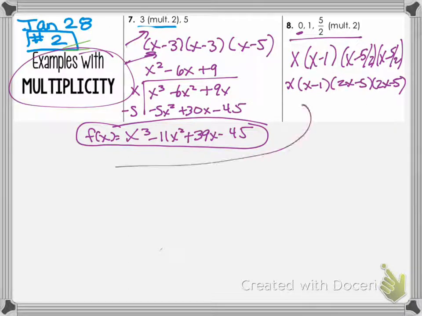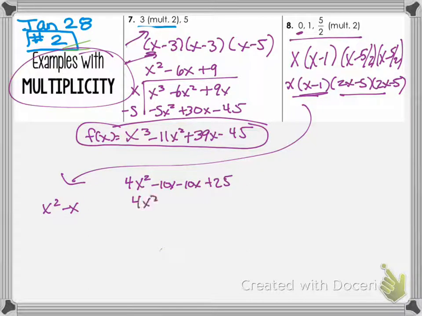Let's work down here. These two would be x squared minus x, and these two would be 4x squared minus 10x minus another 10x plus 25. So it would be 4x squared minus 20x plus 25. And doing the box method to get these two multiplied by each other would be x squared minus x.